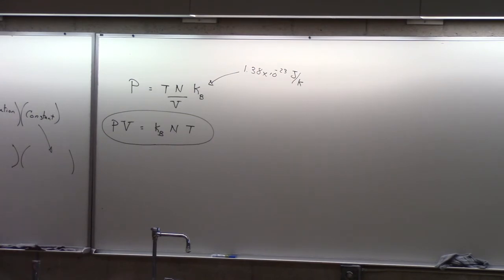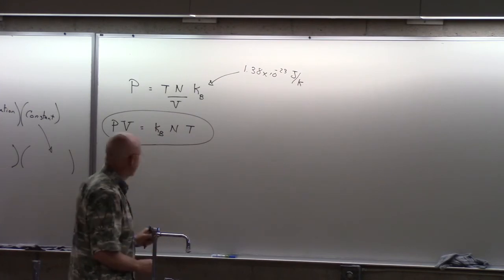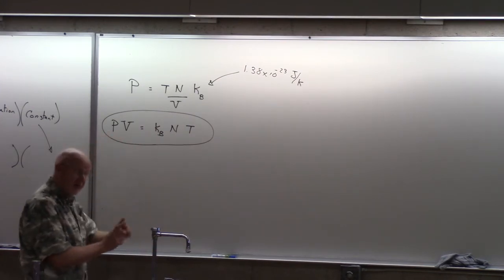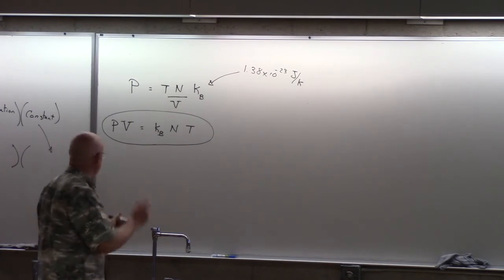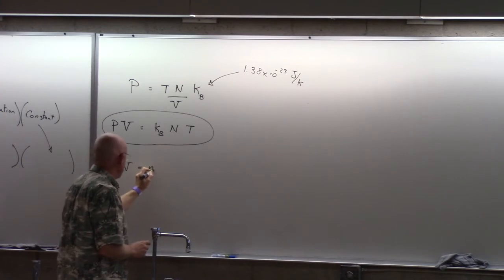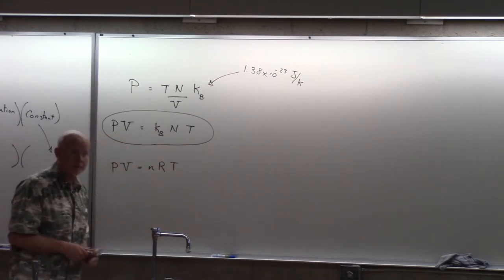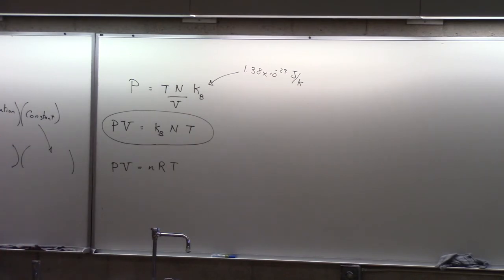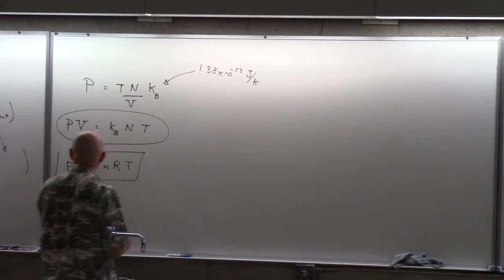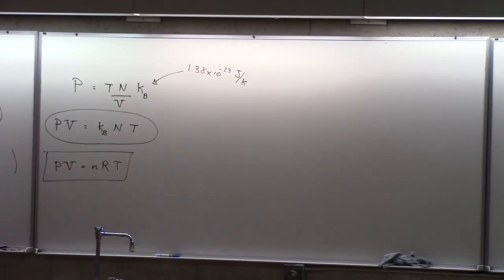But I want to pause here for just a second because I have a feeling most of you have seen not necessarily this equation, but you've seen PV equals nRT, where you use a little n. And maybe that one I'll put a box around, and I will say, these are really one and the same equation.